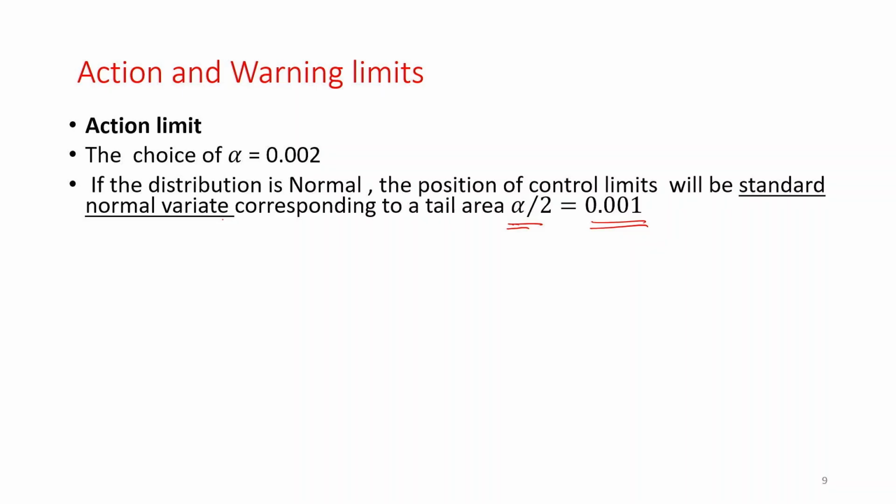So let us read it again. If the distribution is normal, the distribution of the points are normal. Suppose this is the distribution of mean values of yarn count, which will follow normal distribution. Irrespective of the distribution of the parameter, whether it is normal or binomial or Poisson, it does not matter.